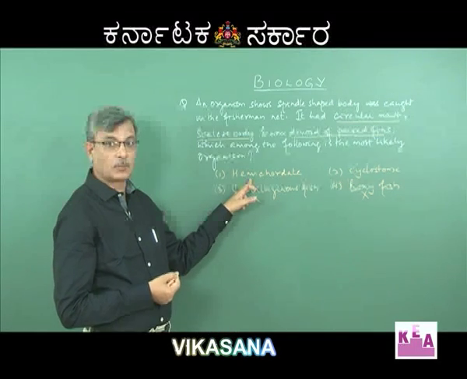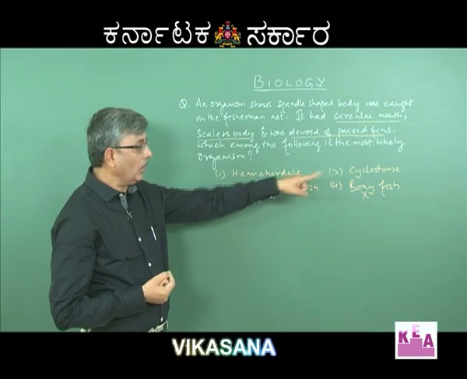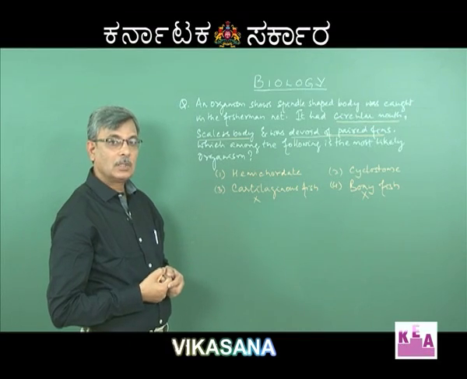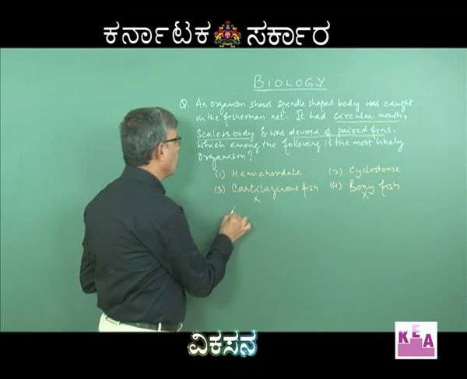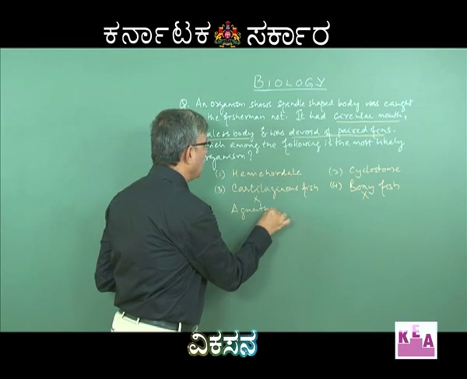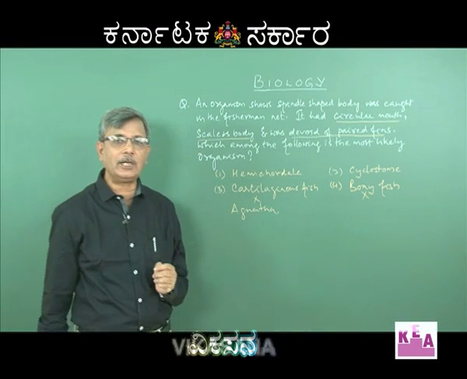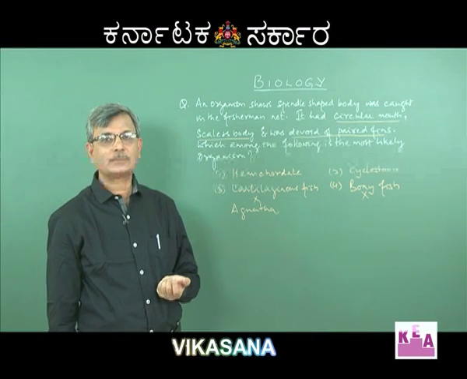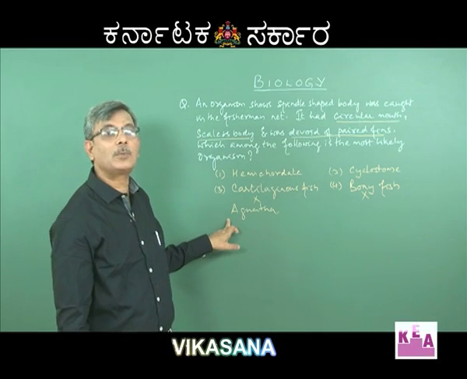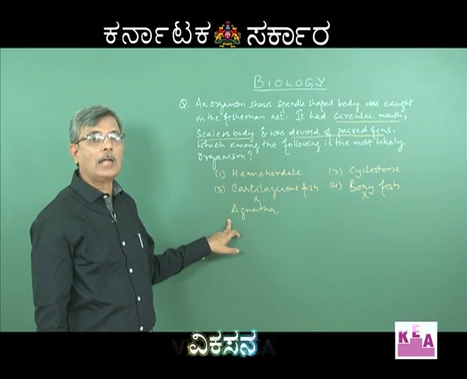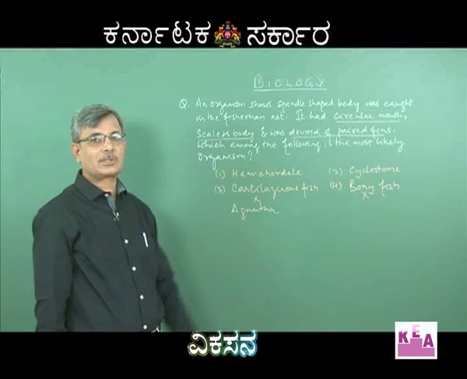No fins, of course, no scales. And when you talk about cyclostomes, they are placed in the group Agnatha. I hope all of you remember, Chordata include Agnatha and Gnathostomata. Agnatha are jawless vertebrates; Gnathostomes are jawed vertebrates.